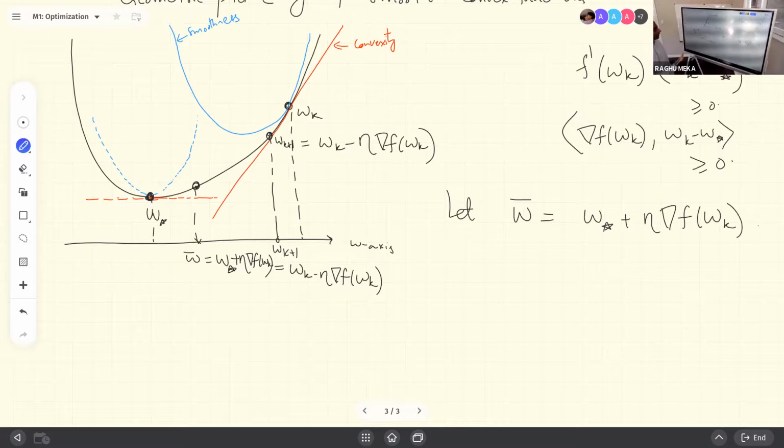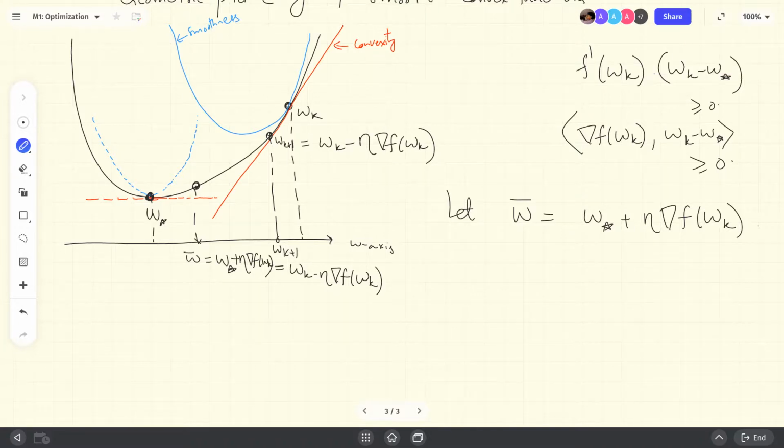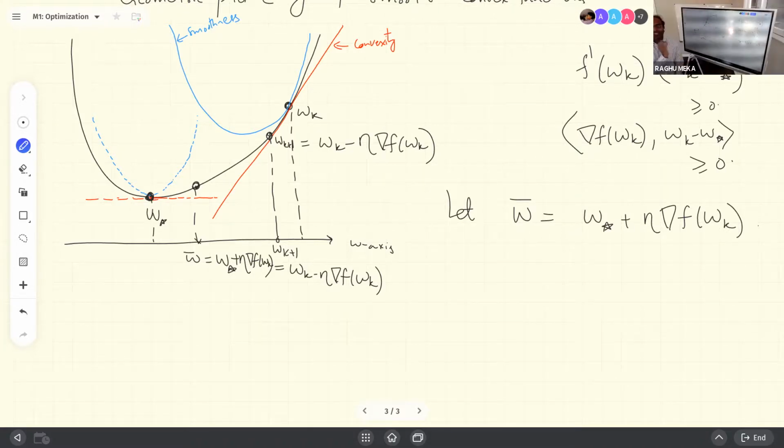Okay, this is some point I defined, and if my intuition is right, this picture is right, this should be on which side of w star? No, the gradient should be positive, so it should be to the right. Right? Once again, it seems like we're doing something silly by looking at the one-dimensional picture, but basically the analysis in one dimension and in higher dimensions is pretty much the same.